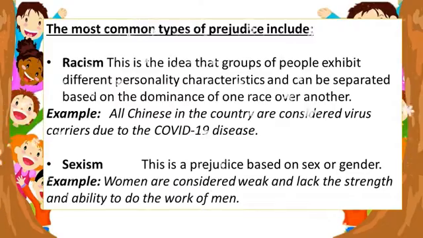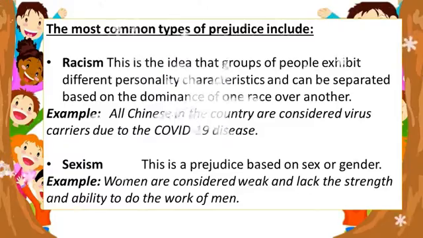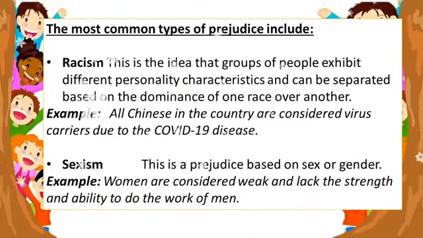Example of this: women are considered weak and lack the strength and ability to do the work of men. That is very unfair. That is prejudice, and this is one of the examples of gender inequality, right?